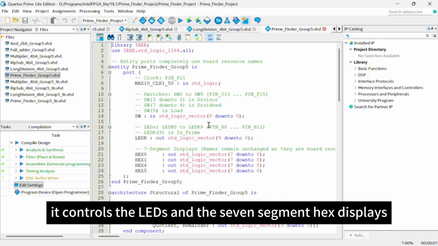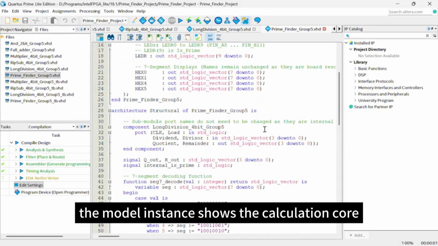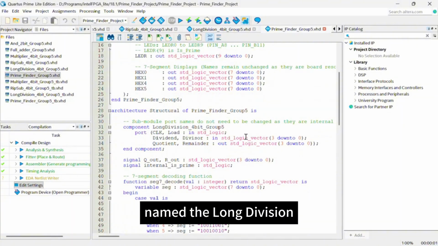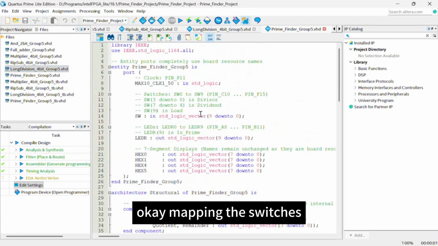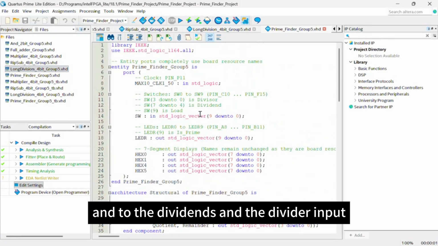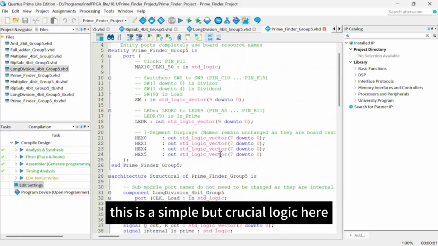For output, it controls the LEDs and the 7-segment hex displays. Now let's look at the core logic. The module instance shows the calculation core named long division 4-bit group 5, mapping the switches to the dividend and the divisor input. The prime check is a simple but crucial logic here.